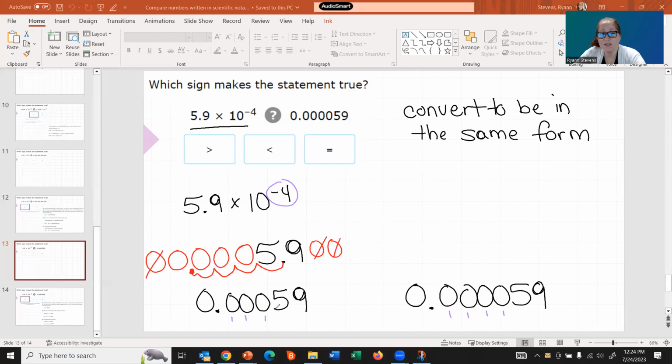And so in this case, 0.00059 is actually a larger decimal than 0.000059. It's going to be a greater portion when we look at the fraction that we're working with. So we would say 5.9 times 10 to the negative 4th is greater than 0.000059.